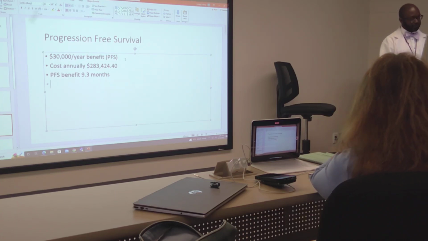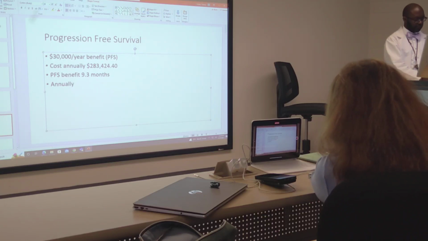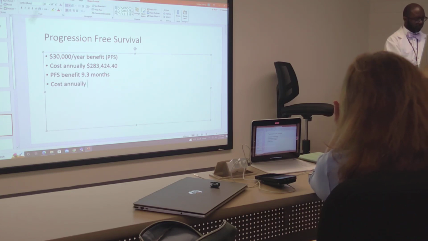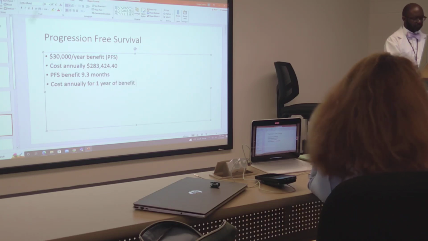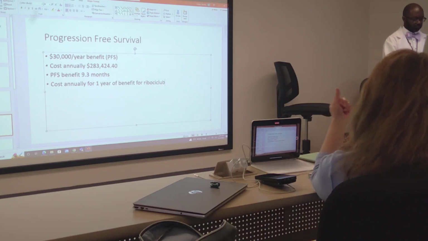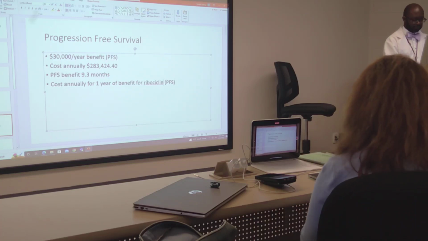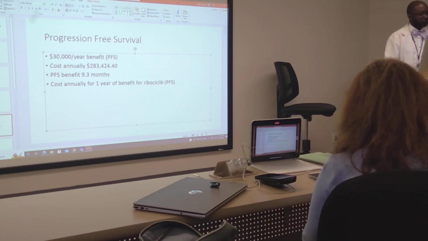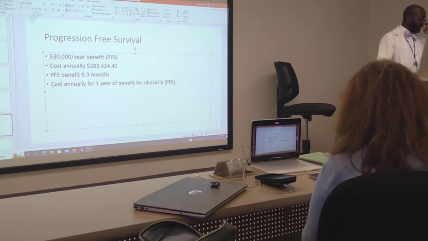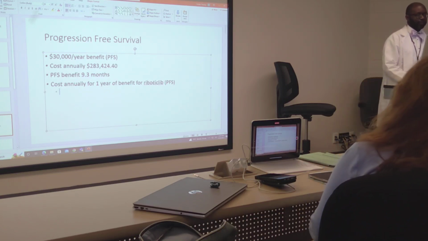So how much is it costing annually for 1 year of benefit throughout the cycle, in reference to progression-free survival? Now, this is not going to be intuitive, it's not going to be straightforward, so we'll see if you can arrive at what you should really be doing here.